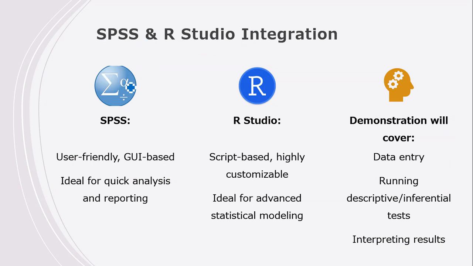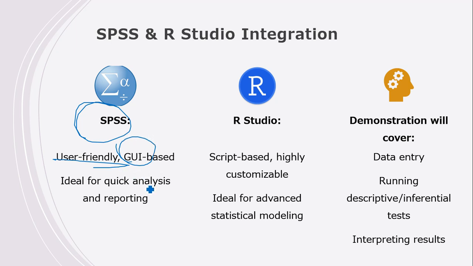Now, SPSS and R Studio are the tools that we are going to use in this course. What are the advantages of each? SPSS is user-friendly. It has a very good graphic user interface where you're able to see nice charts, pictures, and so on.